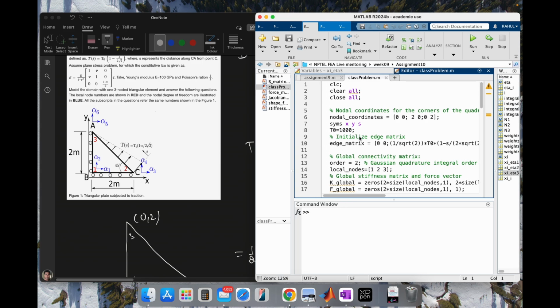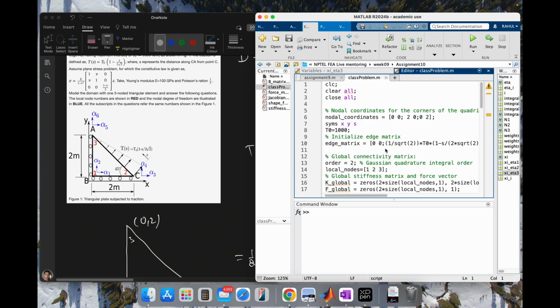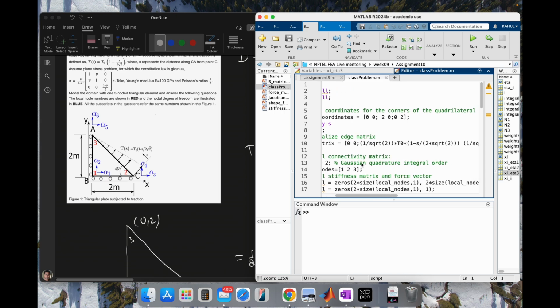And for the edge matrix, assuming this one as edge 1, this one as edge 2, and this one as edge 3, in the global coordinate axis we can see that this traction is actually acting in this direction.